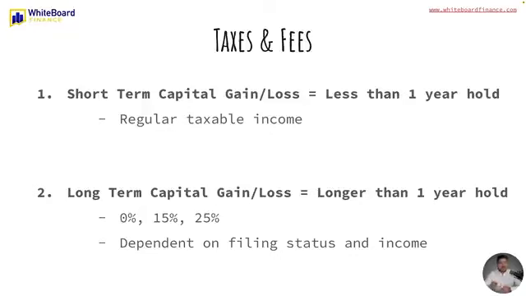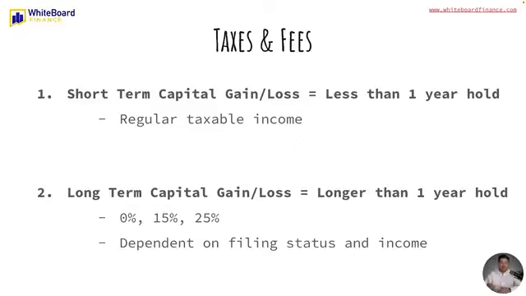Now, the IRS wants to incentivize you to hold these stocks or equities longer, okay? So they incentivize it by taxing you somewhat less on this. So you're going to have a long-term capital gain or loss. This is when you've held an equity longer than 1 year. So say, for example, you bought that same stock on April 1st, 2022, and you sold it May 1st, 2023.